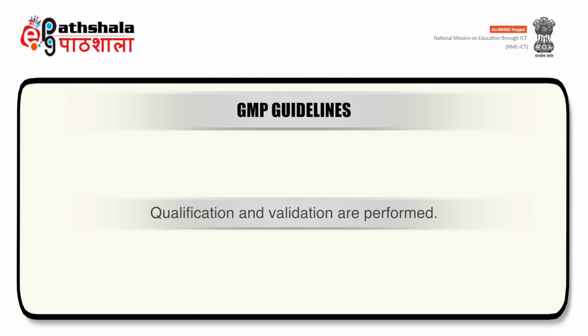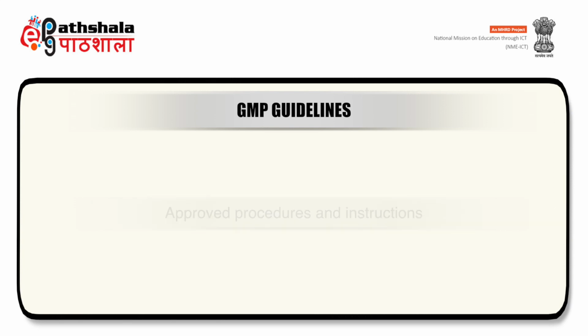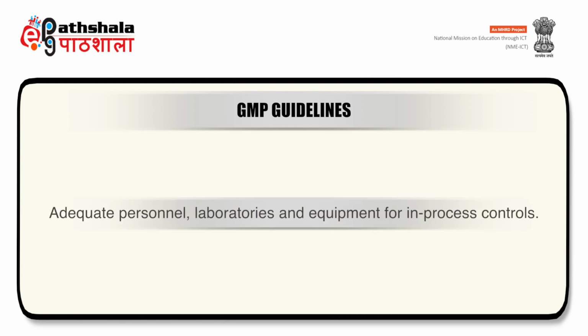Qualification and validation are performed and all necessary resources are provided which include appropriately qualified and trained personnel, appropriate materials, containers and labels, suitable equipment and services, approved procedures and instructions, suitable storage and transport, adequate premises and space, and lastly adequate personnel, laboratories and equipment for in-process controls.